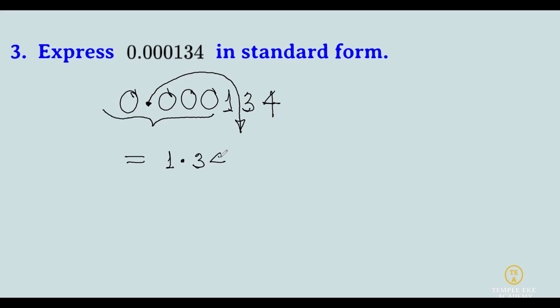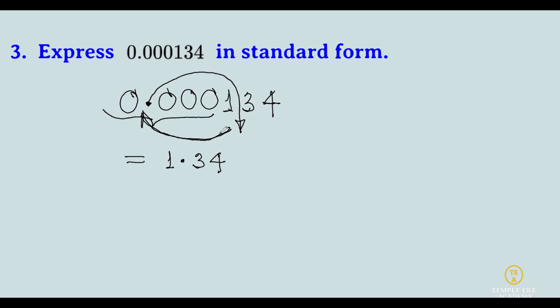Now, as you can see, there is a large difference between the new magnitude and the original magnitude. Restoration is required. Return the decimal point from its new position to the original position, and take note of the direction of that restoration move.